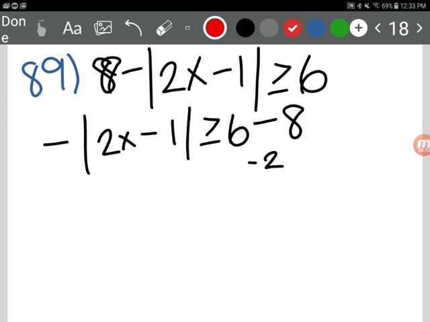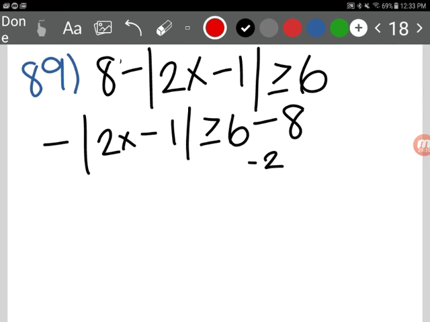To get rid of that negative sign, I have to divide both sides by -1. But I've got to remember my previous rule, rule number 5, that when I multiply or divide by a negative number, I have to reverse the inequality sign. So I still have to apply that rule as I do this.